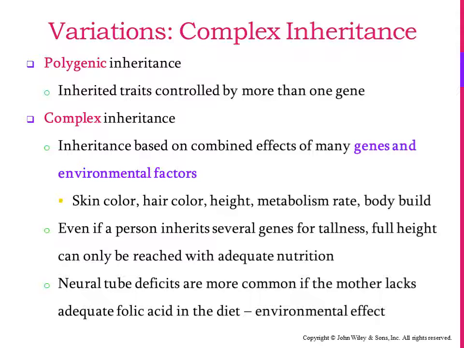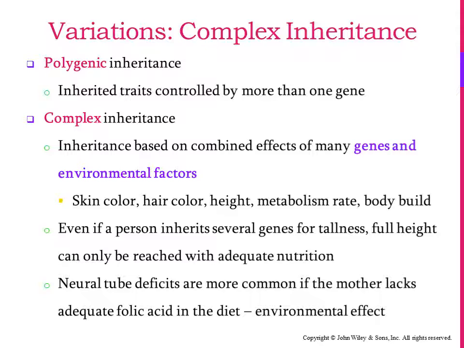Polygenic inheritance is very common. It's when inherited traits are controlled by more than one gene, so that several loci or maybe even different chromosomes, the combined effect of all of those genes plus the variance in the alleles of those genes will determine the final phenotype of the individual for that trait.